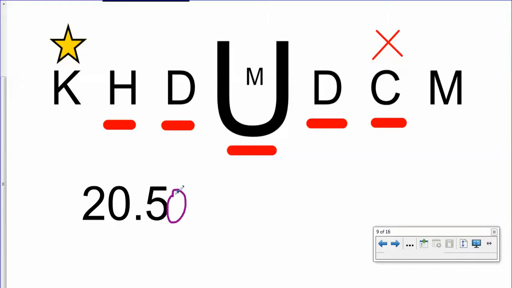So I have extra zeros to fill my place value because I'm going to have to move my decimal 5 spots. 1, 2, 3, 4, 5. I'm moving my decimal to the right because I counted from my star to the X in the right direction.